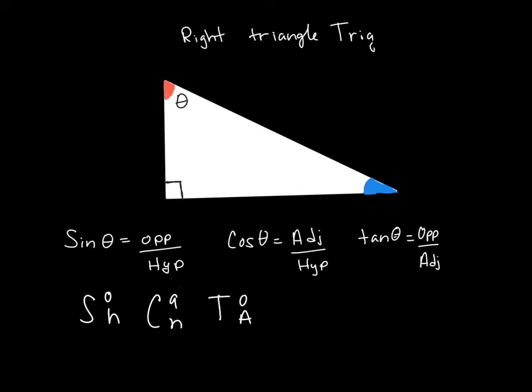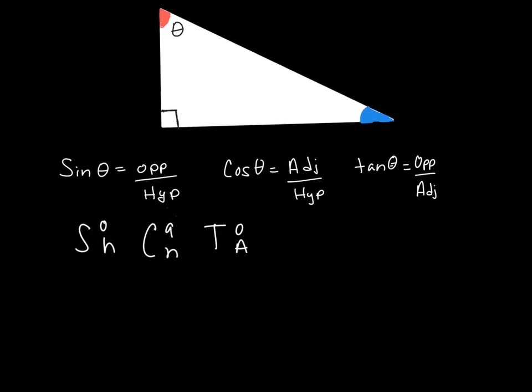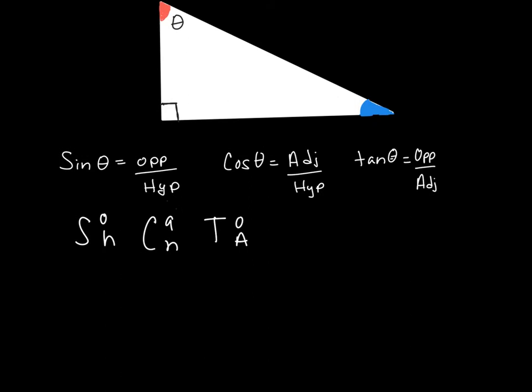Now, do remember that these are not the only functions that we have. We also have the cosecant, the secant, and the cotangent. So let's just go ahead and put those in right now, and they just get flipped, right? The reciprocal of the sine is the cosecant of theta, so that becomes the hypotenuse over the opposite.